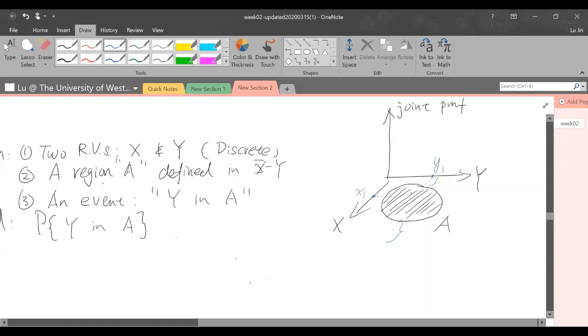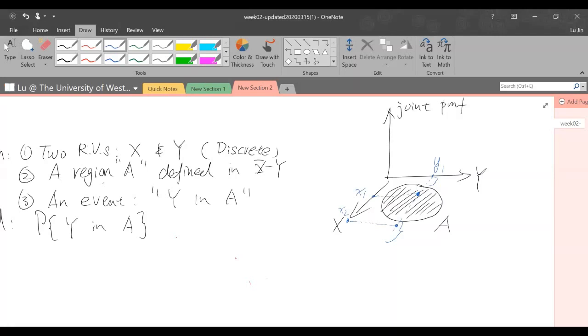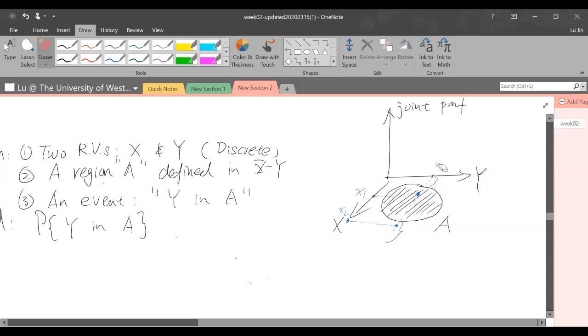So x1 and the corresponding y1 define a blue dot, which currently falls into region A. This is a good one. But if you select another x coordinate, for example x2, then x2 and y1 give you a point out of region A. Our target is to determine the probability that Y is in A, and you still have to consider X. That's important. Now let's clean the drawing, and we can show more details.